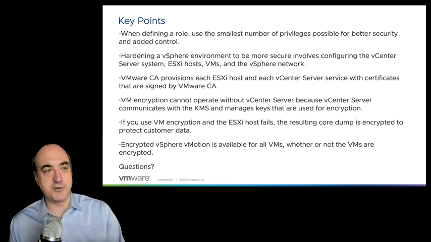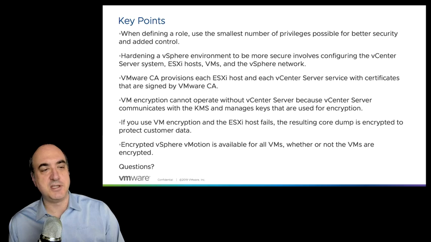Encryption cannot operate without vCenter Server because vCenter Server communicates with the KMS and manages the keys that are used for encryption. If you use VM encryption and an ESXi host fails, the resulting core dump is encrypted to protect the customer data, and encrypted vMotion is available for all VMs, whether or not the VMs are encrypted.